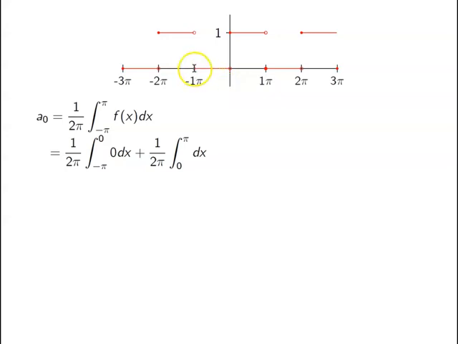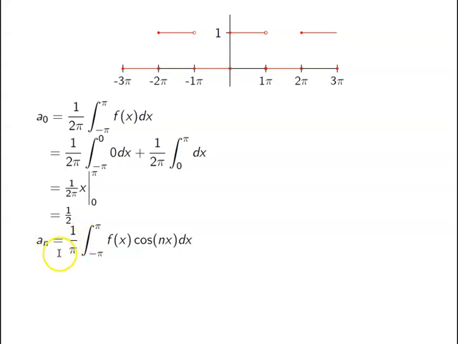Again, we're really just calculating from negative pi to pi. When I'm 0, obviously that goes away. This gives me 1 over 2 pi times x, evaluated from 0 to pi, and that just gets me 1/2 because the pi's cancel. So my a naught term here is 1/2.